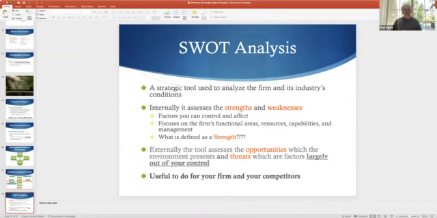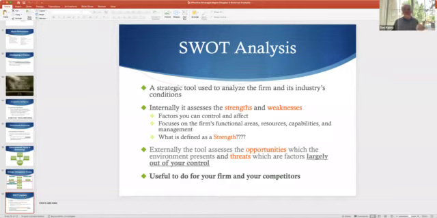All right, externally. Now we're looking at opportunities which the environment presents to that firm, and based on that firm's resources, capabilities, and competencies can exploit. Now you can list an opportunity out there, but if you don't have any way to pursue it, you don't have the resources, you don't have the capabilities, well, yeah, you've identified it.